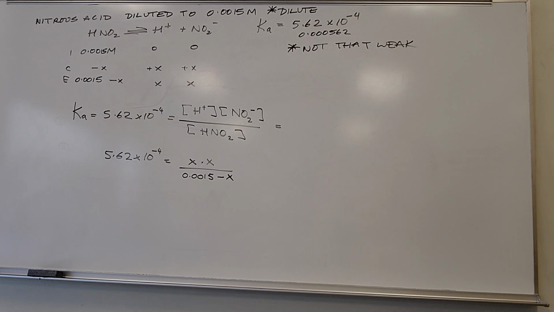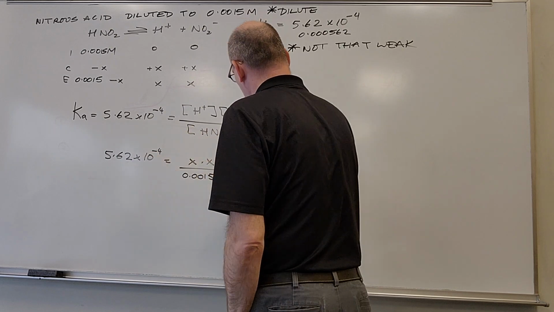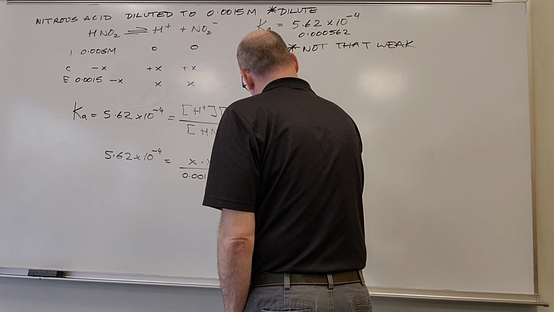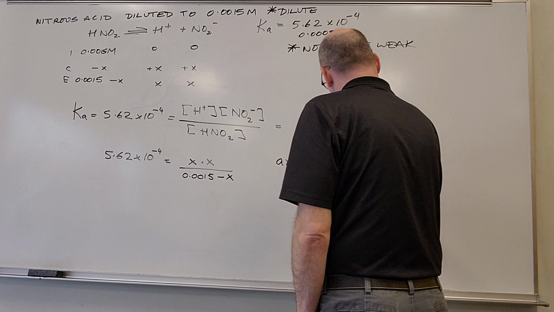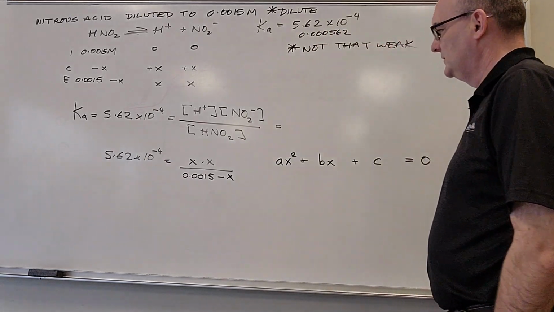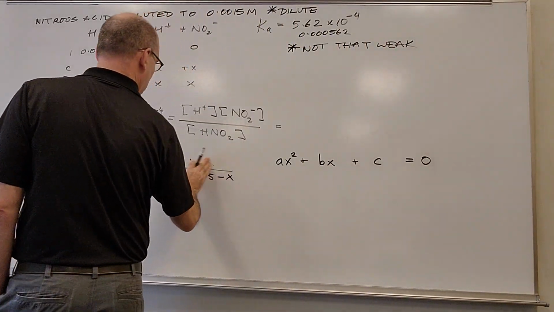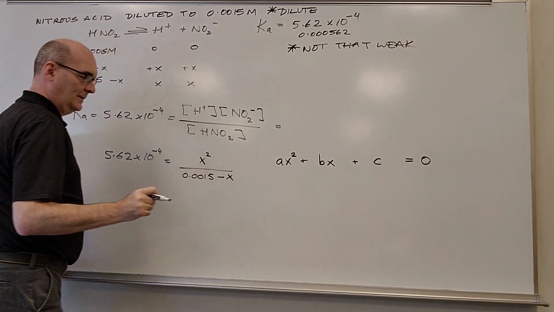Equals zero. So we need this information to be transformed to be ax squared plus bx plus c equals 0.